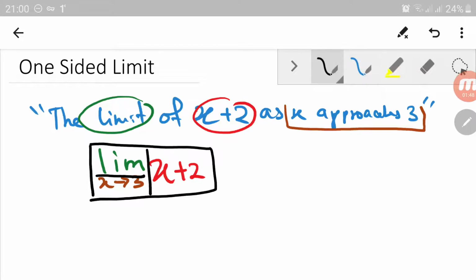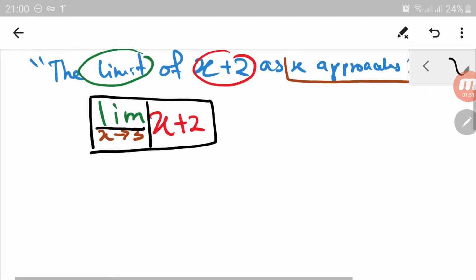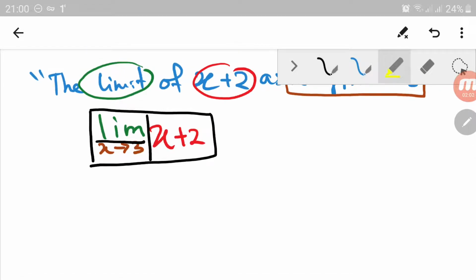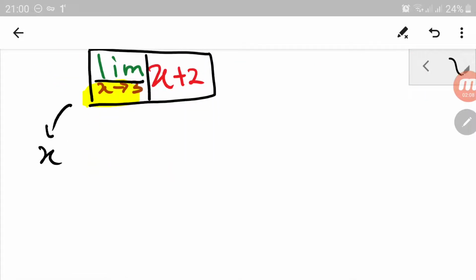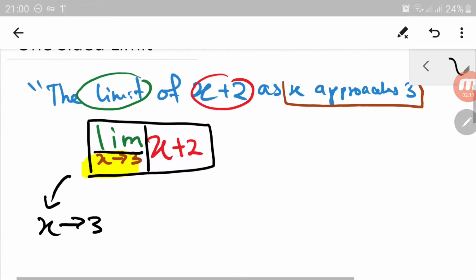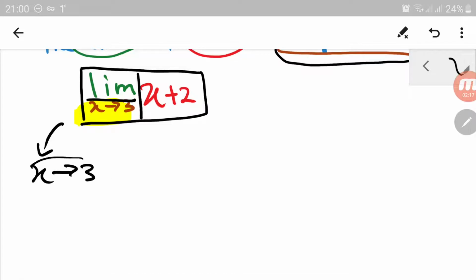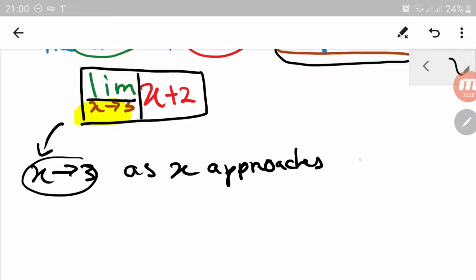But now when we consider one-sided limit, it means the limit can come from the right or from the left. I'm interested to know how to write this one. As x approaches 3, x arrow 3, the symbol I copy pasted from here, means as x approaches 3.